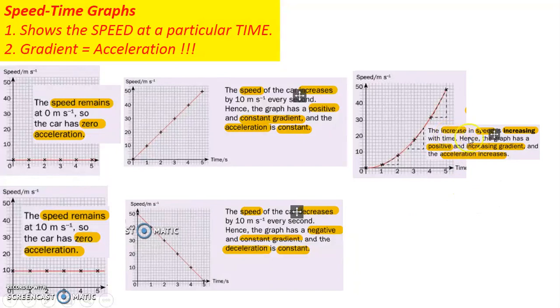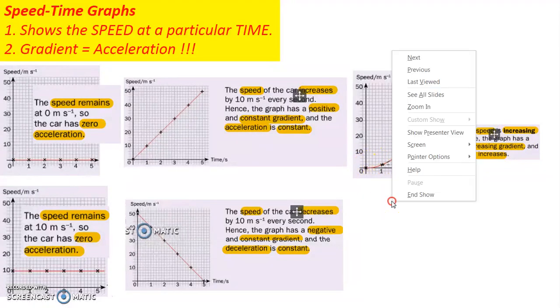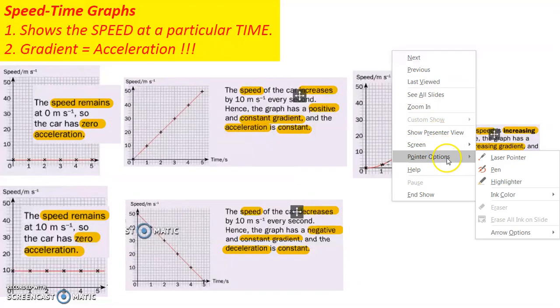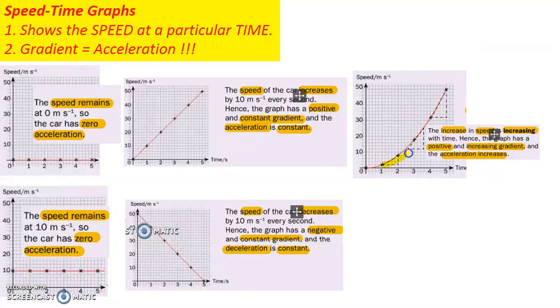The opposite of constant is non-uniform. The increase in speed is increasing if I have a positive increasing gradient. What does this mean? If I pull out my pointer, you can see the gradient at the start is lower than the gradient at the end.